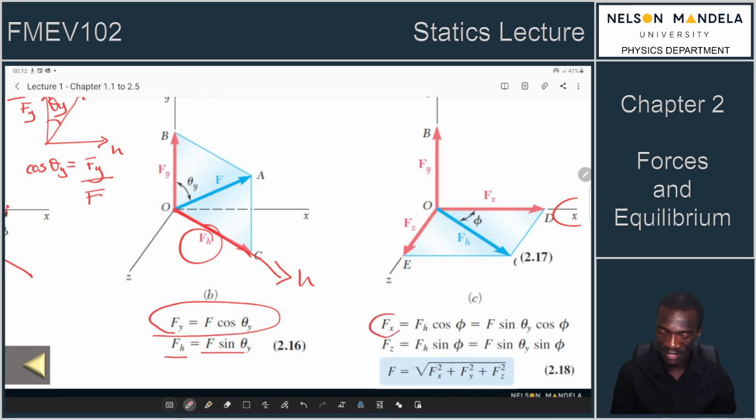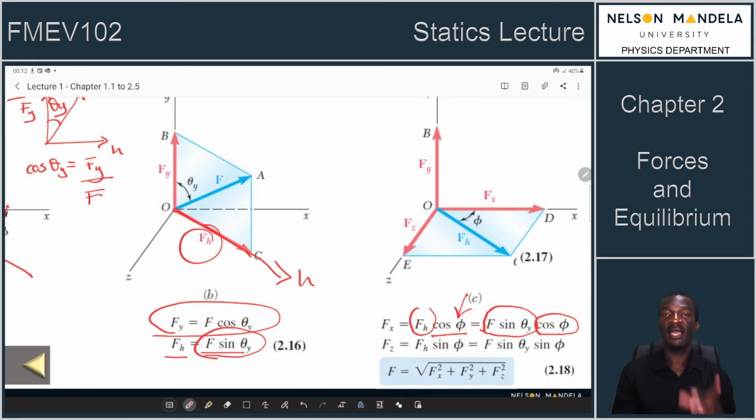This is why we have an equation which says F in the X is simply equal to the horizontal component FH cos phi, because we're now considering this plane, which is the XZ plane. Since our FH was F sine theta y, we can now write F sine theta y to replace FH, and we can write our cos phi, which was there already.